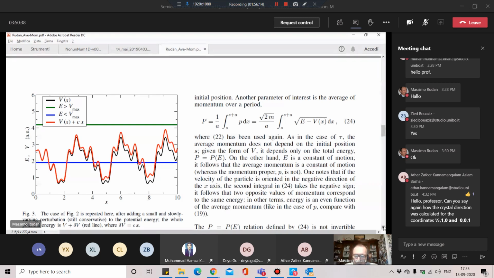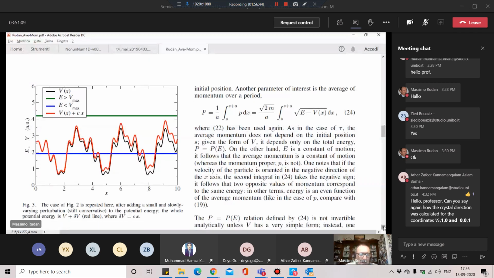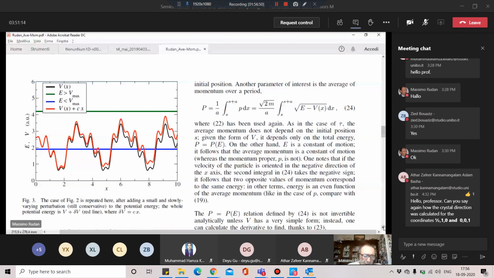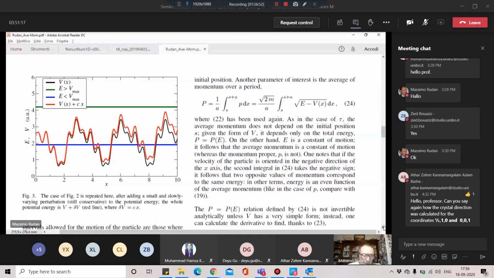Okay. So we can try to continue on the same line as before by assuming that the external forces can be considered as small perturbations to the existing periodic potential energy due to the atoms. Okay, and you can see this in the figure. Consider the black line that is the original purely periodic potential energy.